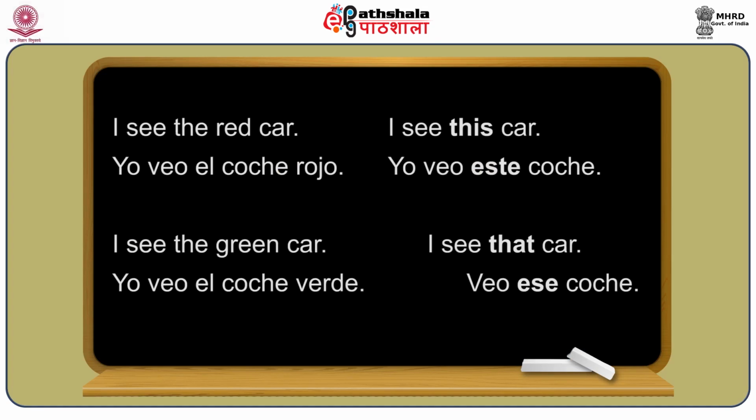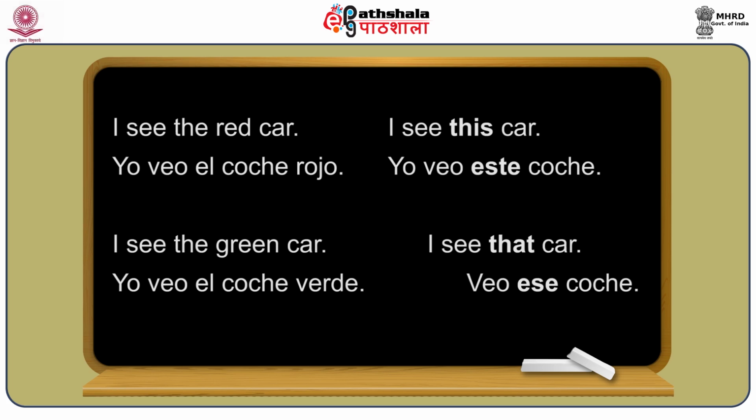For example, when I say I see the red car, and if I say I see this car, in the sentence I see this car, "this" is actually the demonstrative determiner. In Spanish, I see the red car will be yo veo el coche rojo, and I see this car will be yo veo este coche.